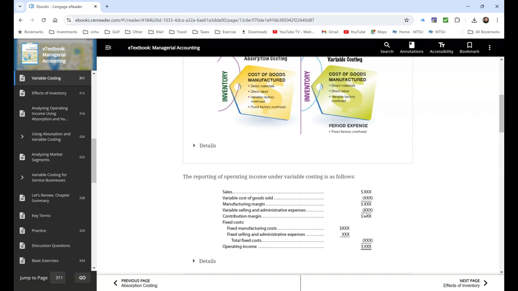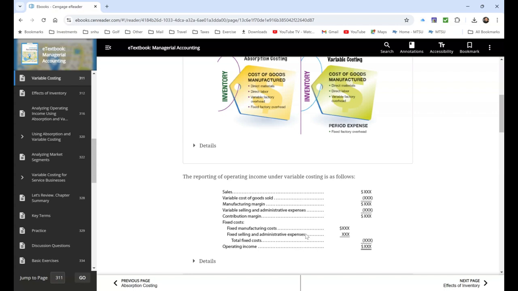Then we're going to subtract out variable selling and administrative expenses. So again, these are expenses that we would not incur if we didn't sell and produce anything. And that gives us back to contribution margin. We use that contribution margin to help pay for these true fixed manufacturing costs and true fixed selling and administrative expenses.